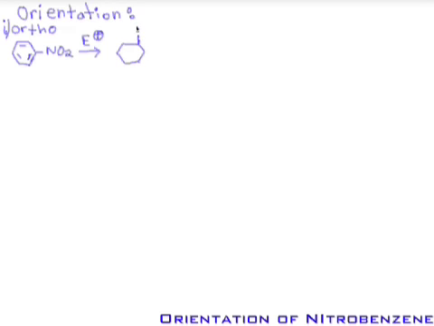I get an E, an H. I have my NO2. And I get a positive charge here because the pi electrons have moved out to bond to E. Well, these pi electrons can move towards the positive charge.